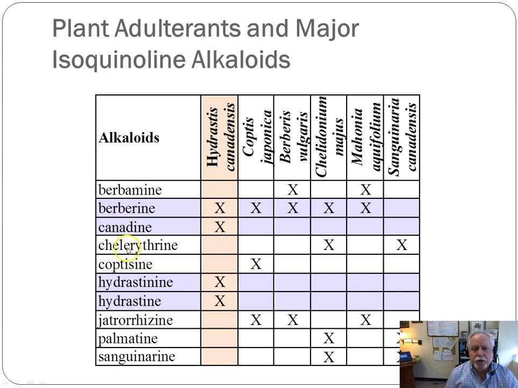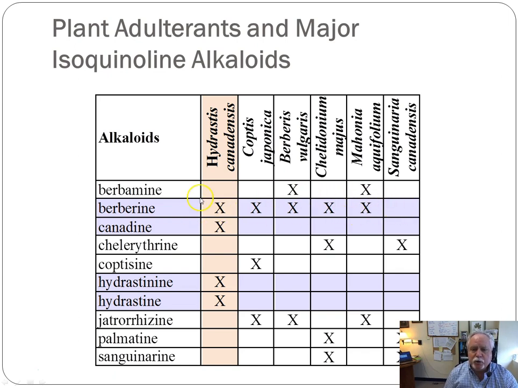But it turns out there are a number of these isoquinoline alkaloids in a variety of crops. So if we just look at the individual alkaloids here, against the plant species at the top, you can see that a number of them contain berberine, all but the Sanguinaria canadensis.